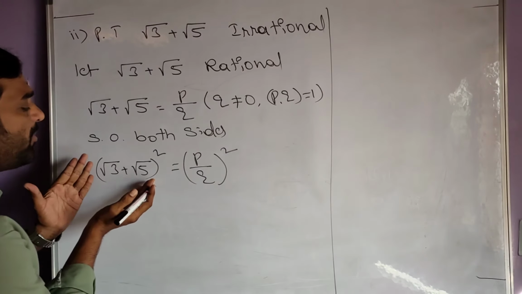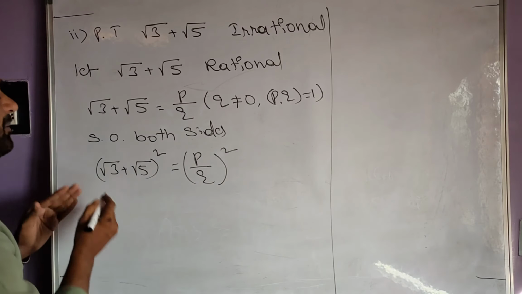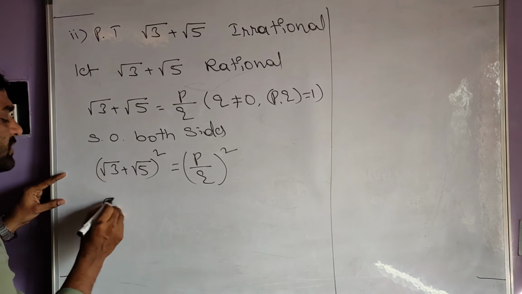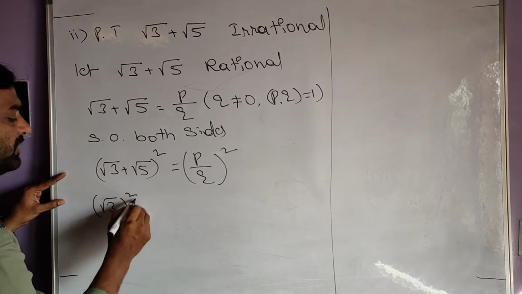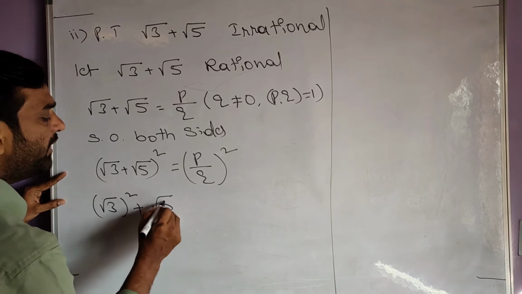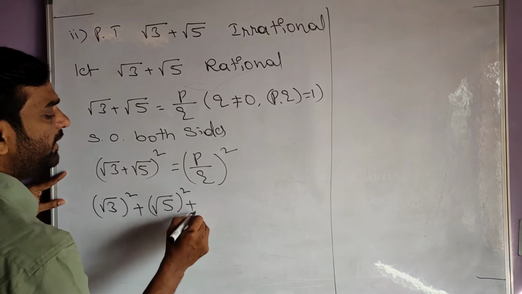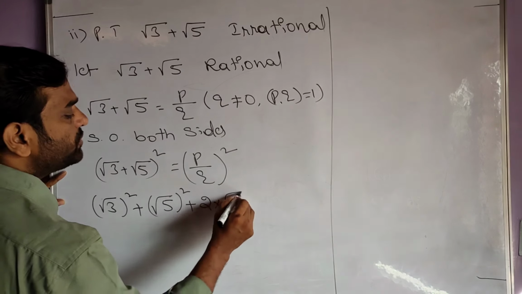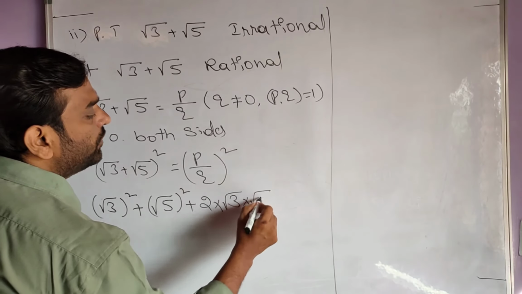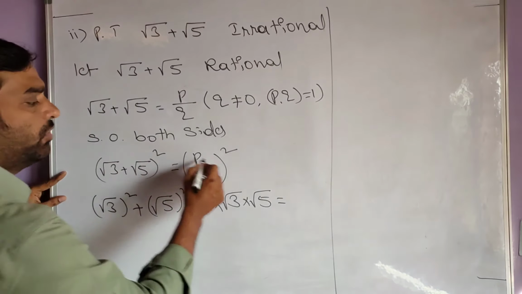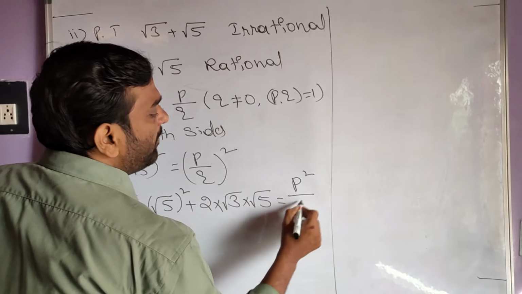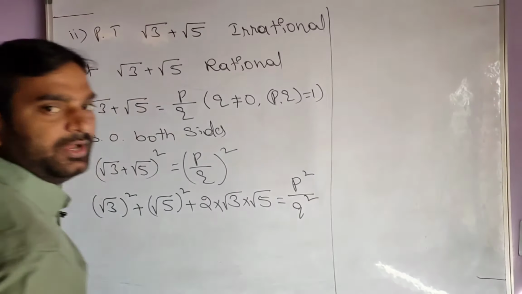It is of the form (a plus b) whole square, which equals a square, root 3 square, plus b square, root 5 square, plus 2ab, 2 into root 3 into root 5, equal to p square by q square.